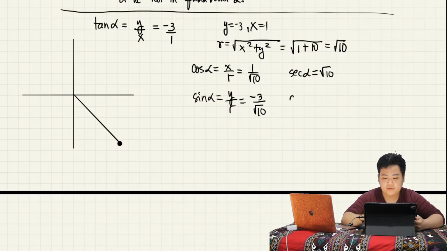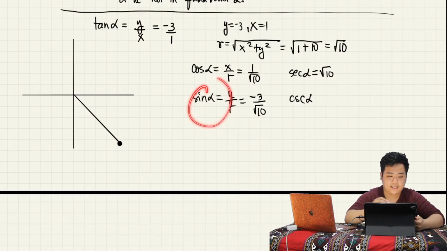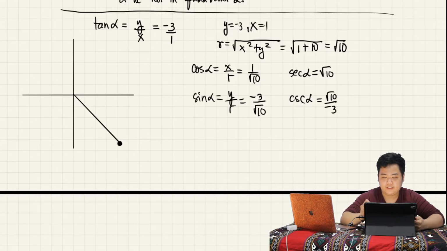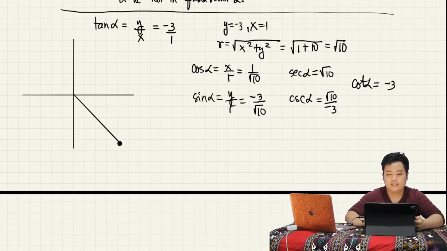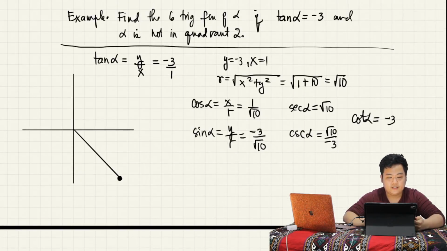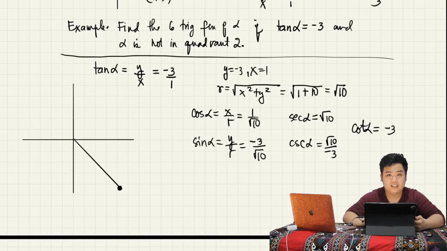Cosecant alpha, reciprocal of sine, which is square root of 10 divided by negative 3. Cotangent alpha, reciprocal of this, which is negative 3. Okay? So, ang moral ng example na to is that pag binigyan ka ng isang trigonometric function value ng angle mo, at saka kung alam mo kung nasang quadrant siya, mahahanap mo yung lima.